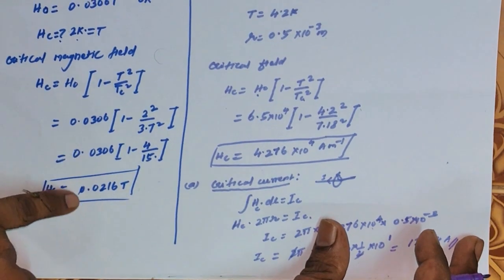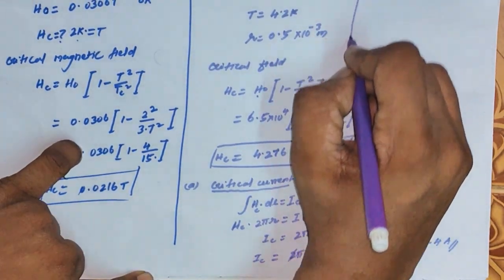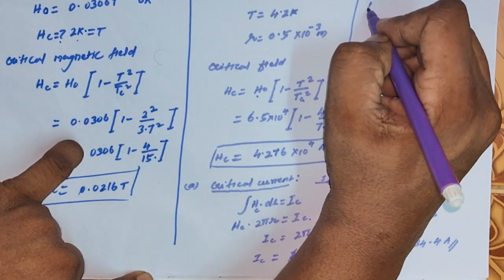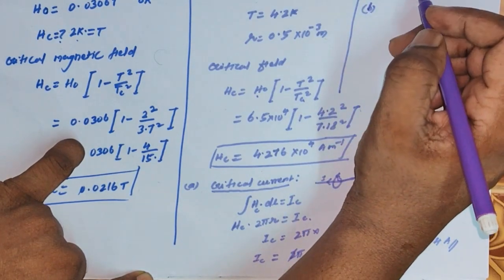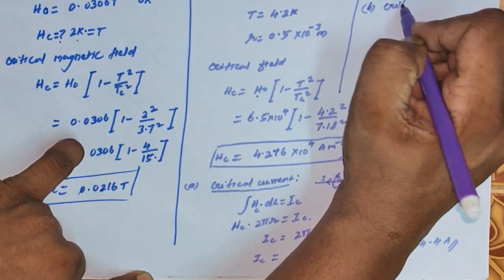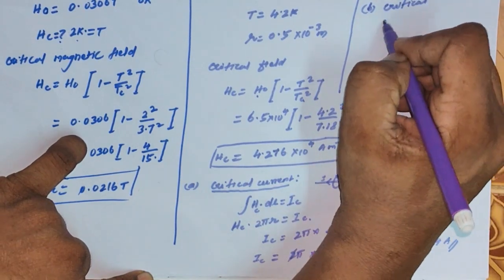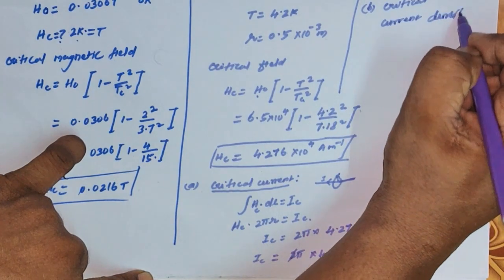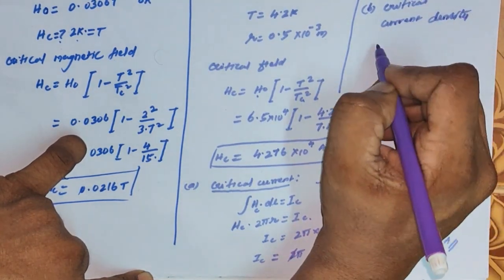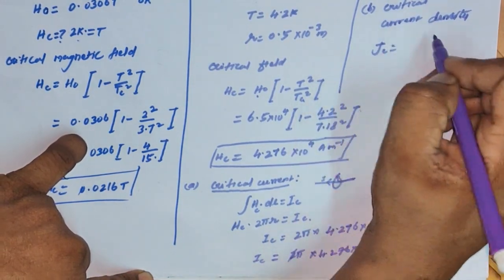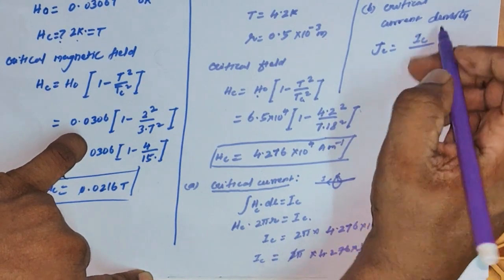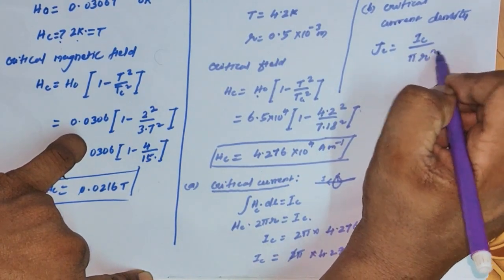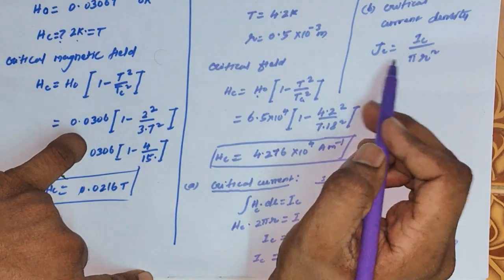Then the next question, we can solve it here. Question B: what is the critical current density? The critical current density Jc is Ic divided by pi r squared. The current per unit area is current density.